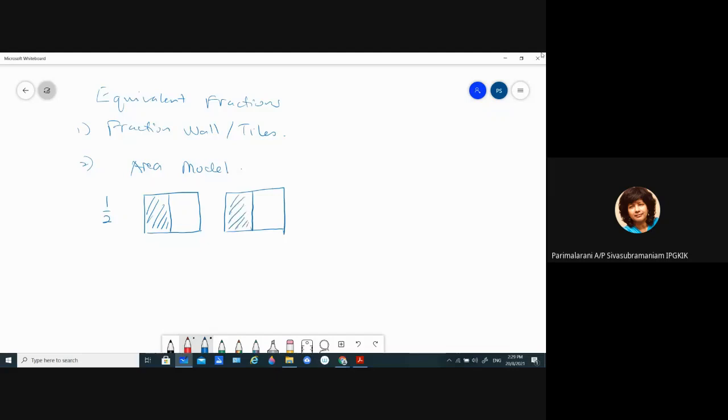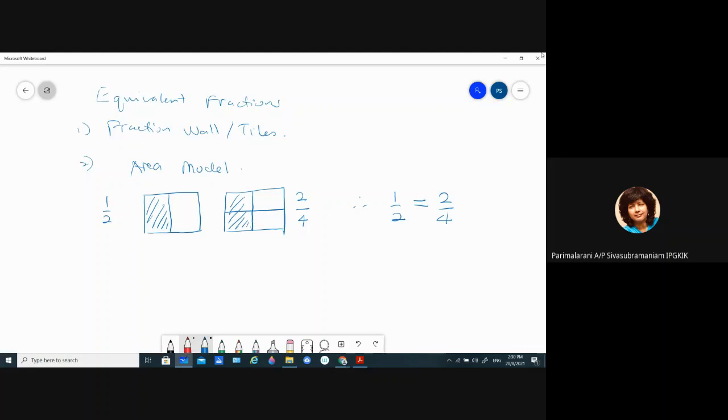Now you can divide it into 2 like this. Now the fraction representing the shaded area is 2 out of 4 parts. Therefore, 1/2 is equivalent to 2/4 because the shaded area is exactly the same size.